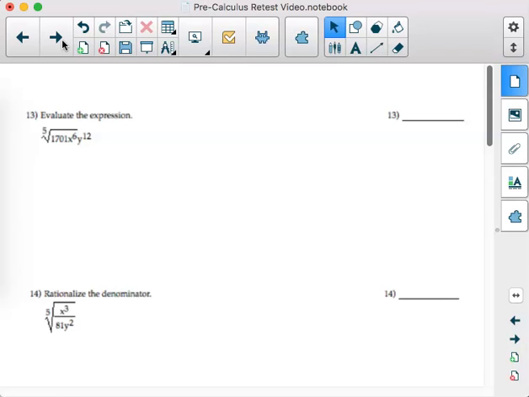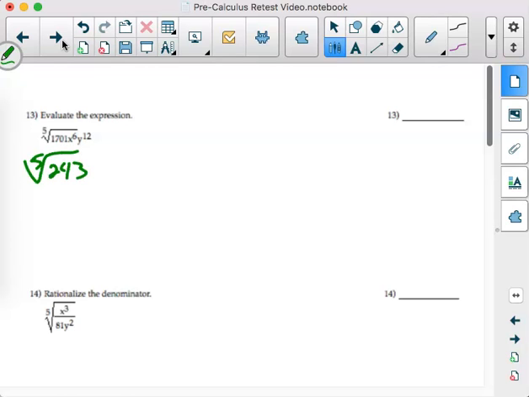13 says evaluate the expression. And this has a 5th root. Now, it might take you a little while to figure out what all those 5th roots are. It's been a while since you've had to do anything like that. But eventually, you would find that 3 to the 5th is 243.